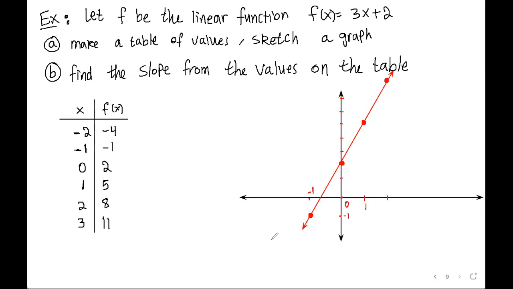At -2 is -4, the same thing for -2, down, like around here. This is the line graph for this function, f of x equal 3x plus 2.